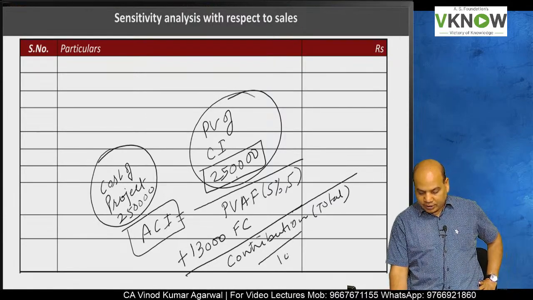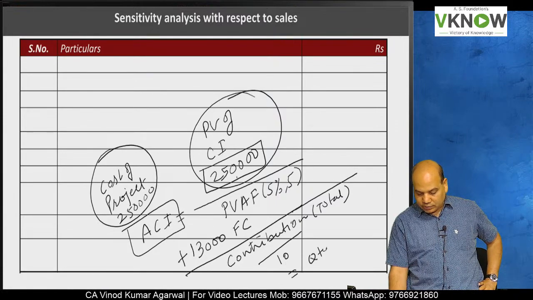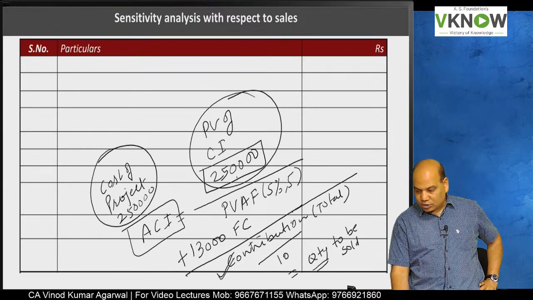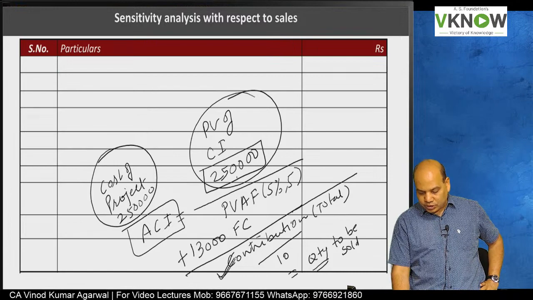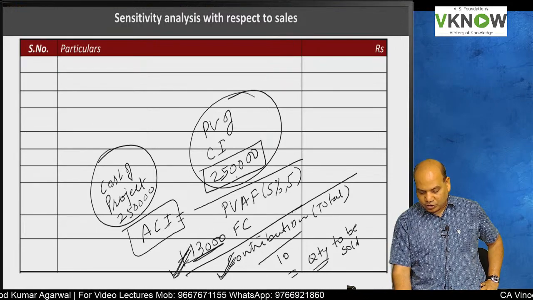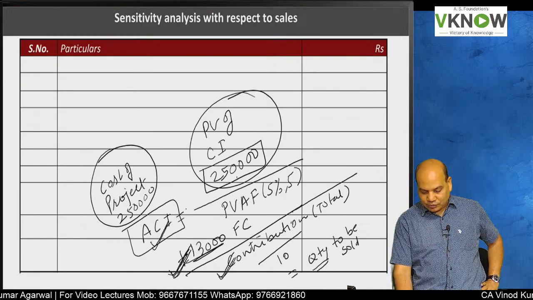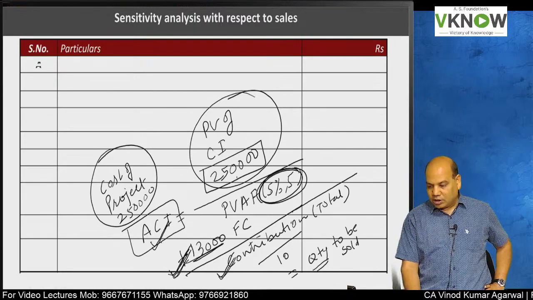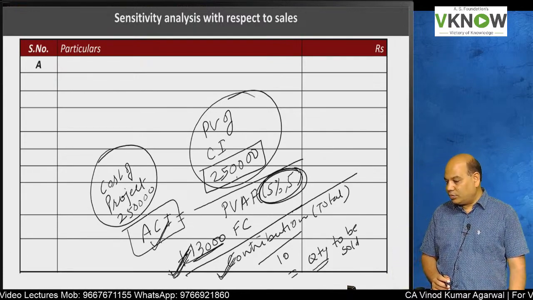So if I divide by 10, I'll get quantity to be sold, so that we will get this much contribution. From this contribution, if I deduct the fixed cost 13,000, I'll get cash inflow, and that cash inflow when multiplied by annuity factor will give me an amount equal to 2,50,000.